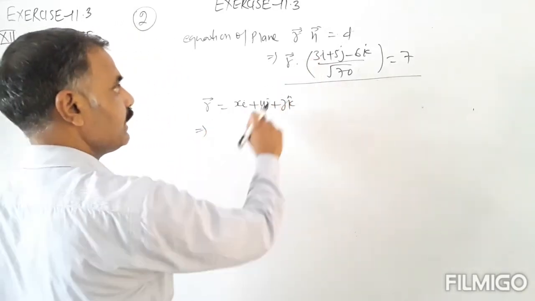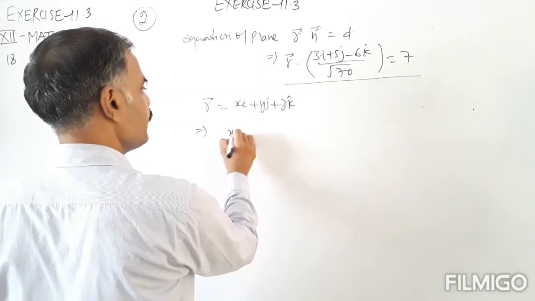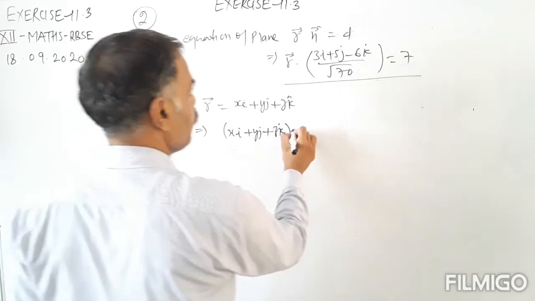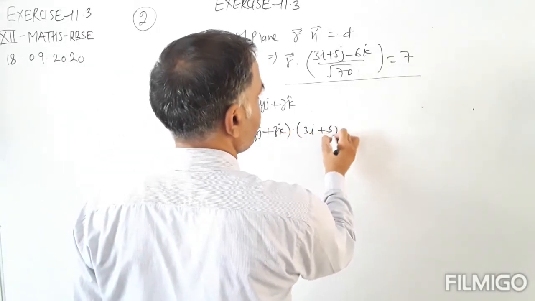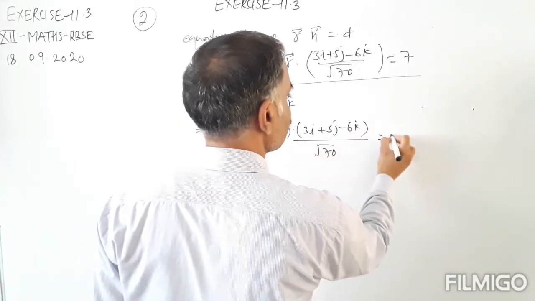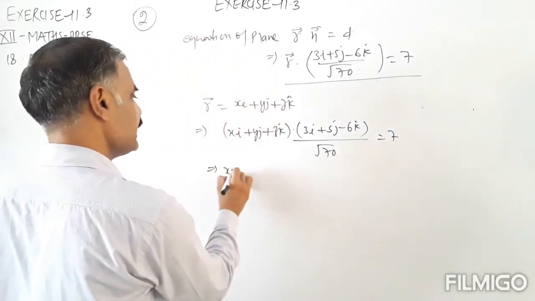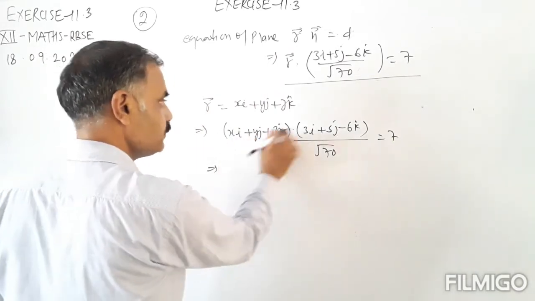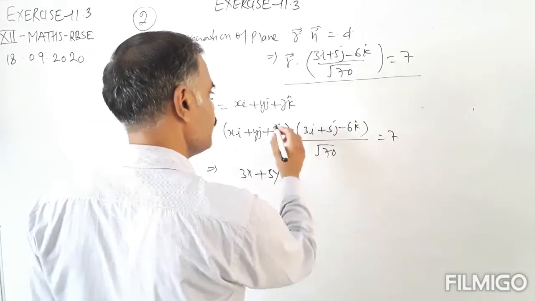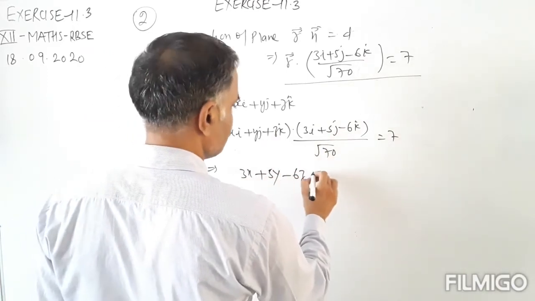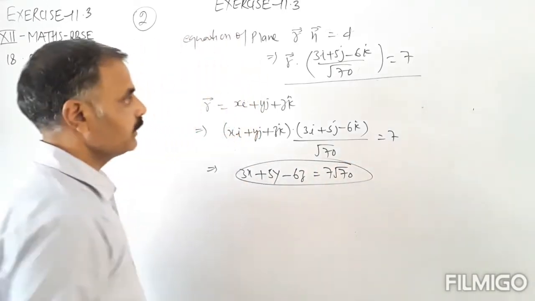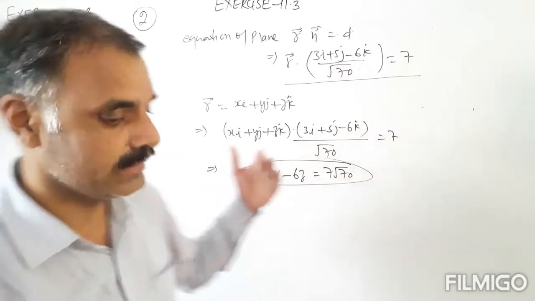Okay, so replacing the r vector with this, we will have xi cap plus yj cap plus zk cap dot 3i cap plus 5j cap minus 6k cap divided by under root 70 is equals to 7. So this is x into 3, 3x, 5 into y, 5y, minus 6 into z, 6z is equal to 7 under root 70. So this is the equation of the plane in Cartesian form.